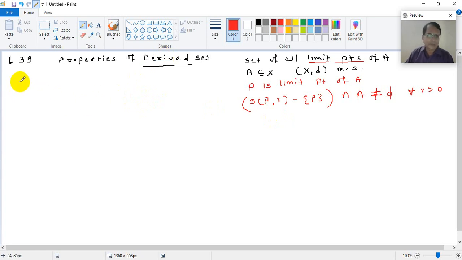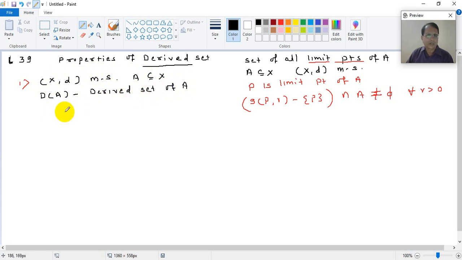The first property that I leave as an exercise: we have to prove that, suppose (X, d) is a metric space and A is a subset of X, and suppose D(A) is the derived set of A. That means, as we have just written, the derived set is the set of all limit points.